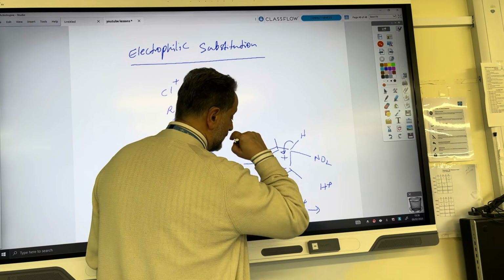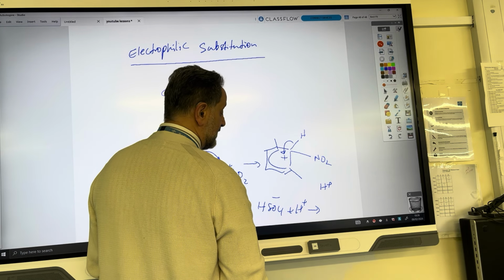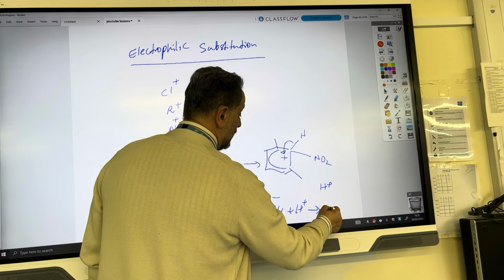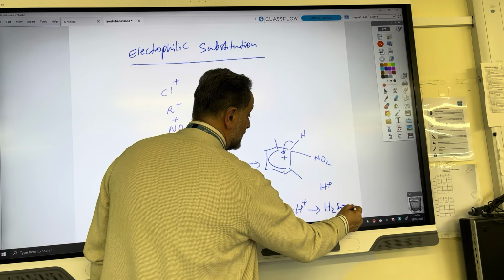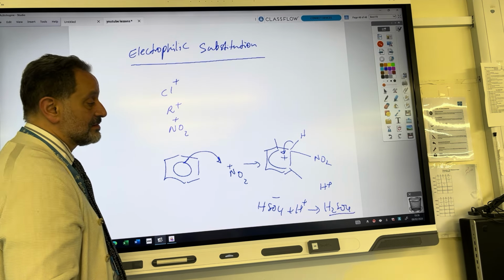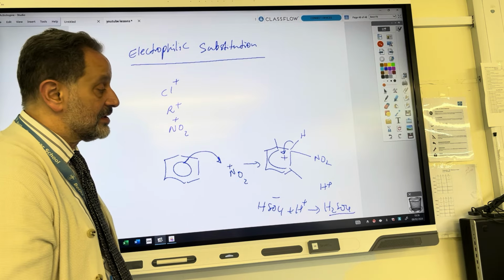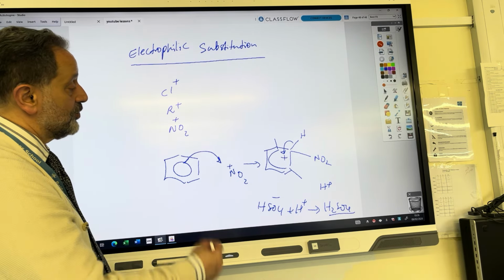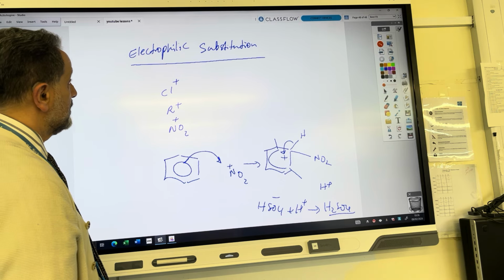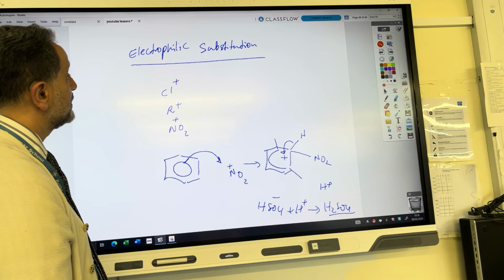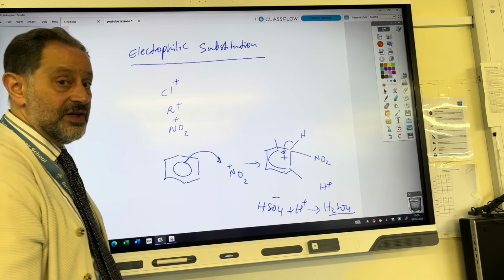Go back to the very first lesson on nitration of benzene, and then your catalyst is regenerated. Okay, your catalyst is regenerated and you produce the nitrobenzene. So that is just a reminder of electrophilic substitution.